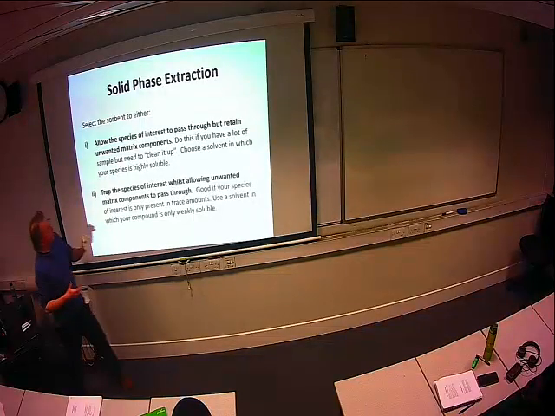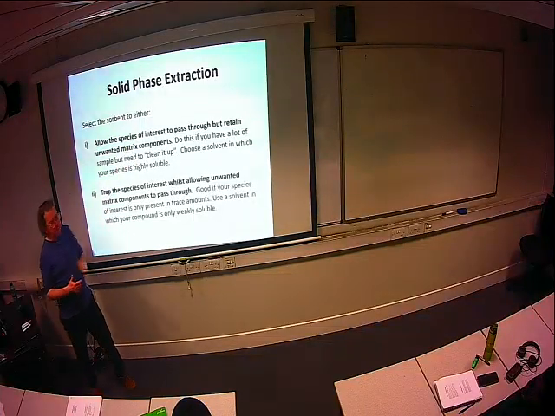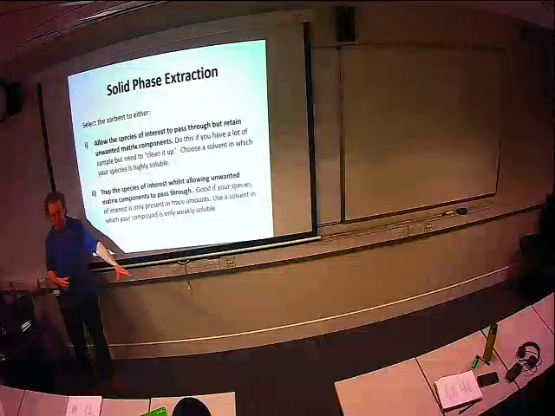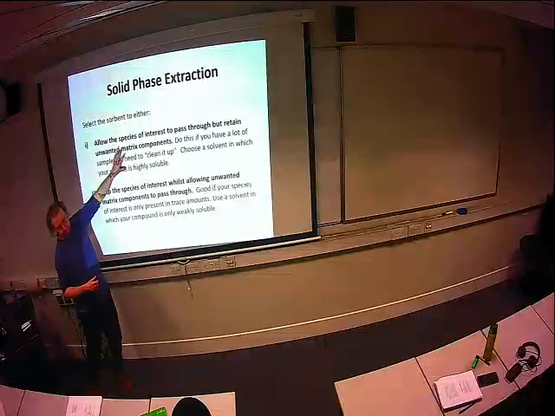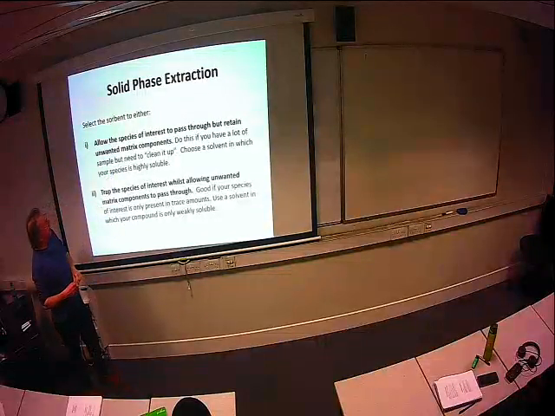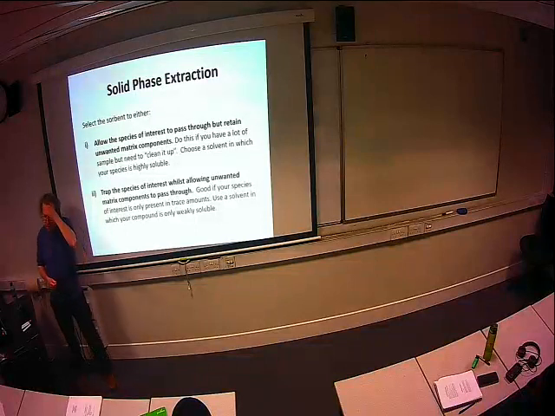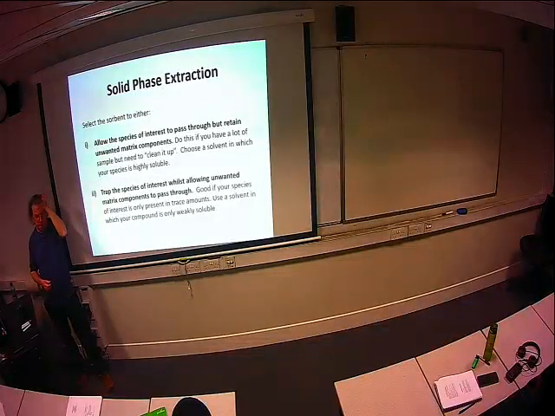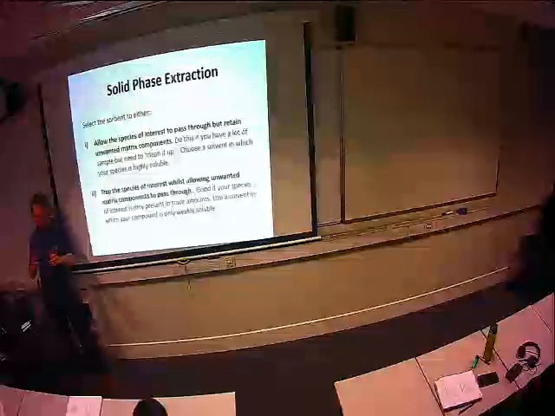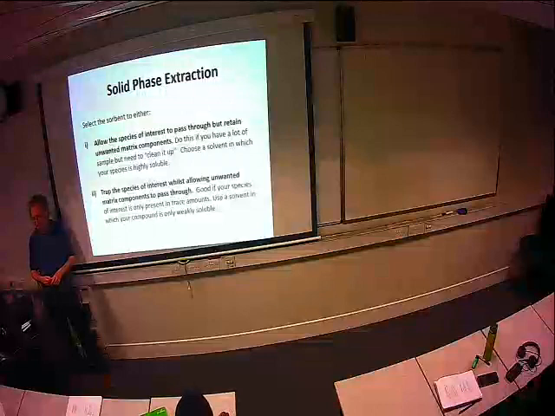So the species of interest that you're trying to clean up just passes through the material, sometimes referred to as a matrix. This is often used with an ion exchange or ionic material, where you're trying to deionize a sample, and so you can take out some of the ions from the mixture.